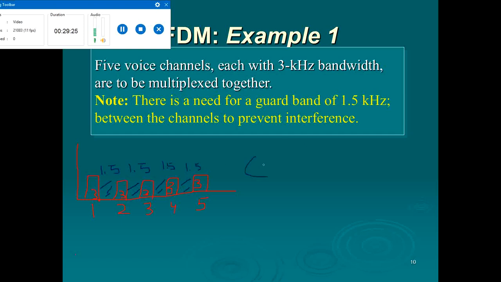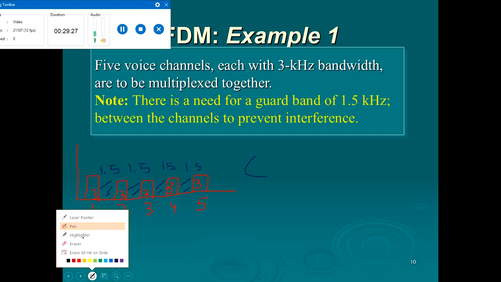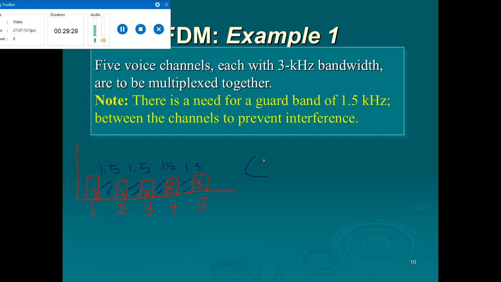So let's calculate. I have 5 voice channels, and the bandwidth of each voice channel is 3K, plus I have 4 guard bands multiplied by each of it having a frequency of 1.5K.